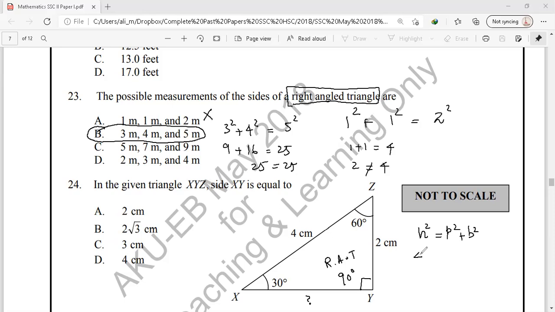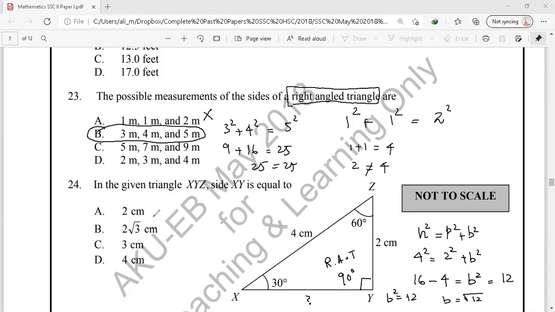So the hypotenuse is 4 and the perpendicular is 2, and we can calculate base square by this expression. So 4 square is 16 minus 2 square is 4, that is equal to b square. So it would be 16 minus 4, which is 12. Finally, b square is equal to 12, and b would be the square root of 12.